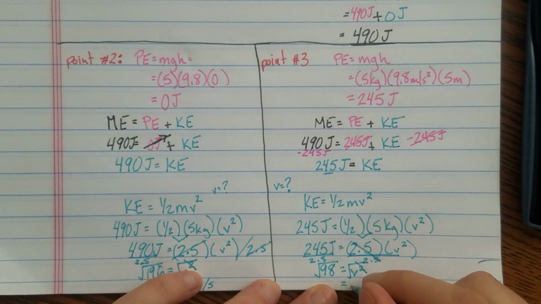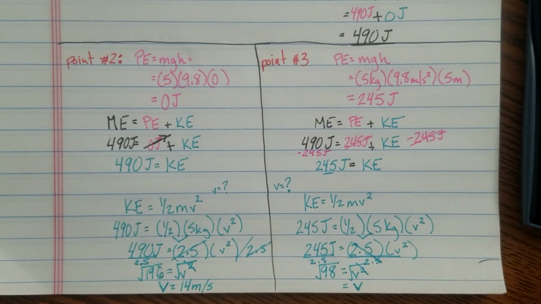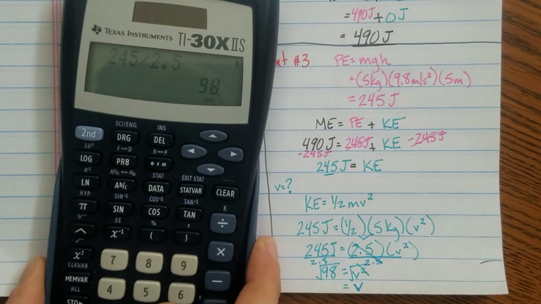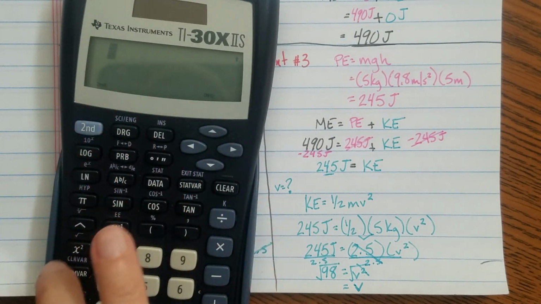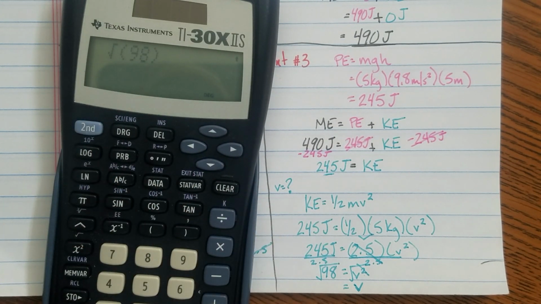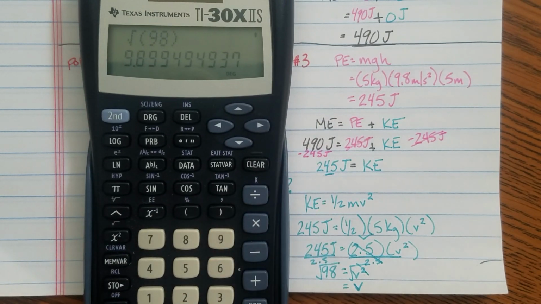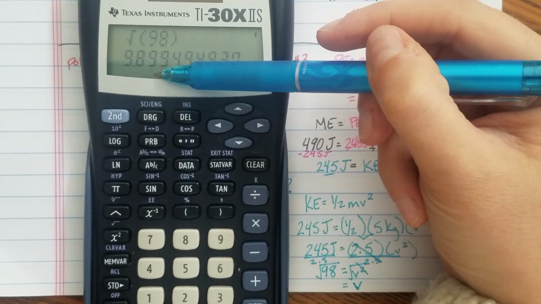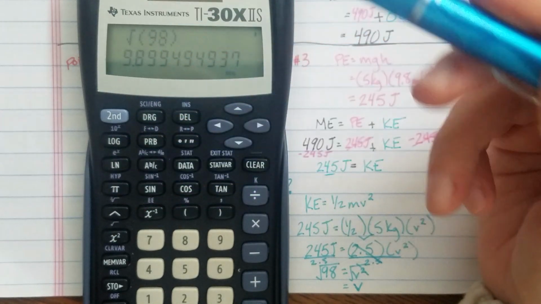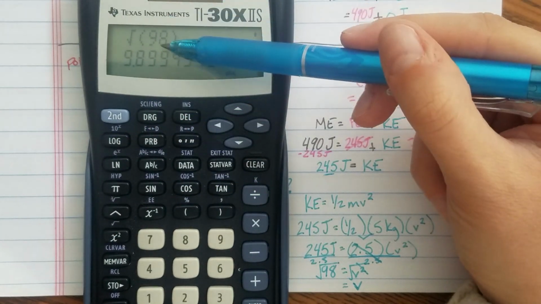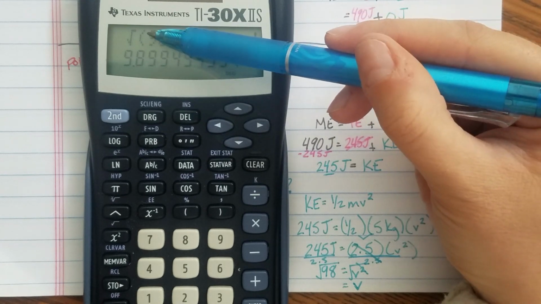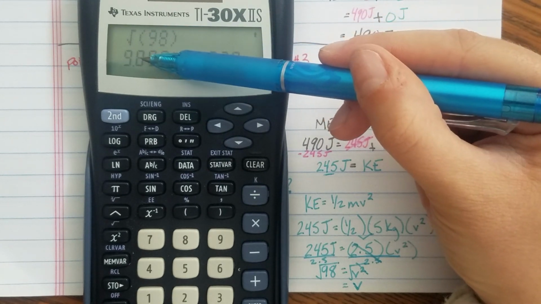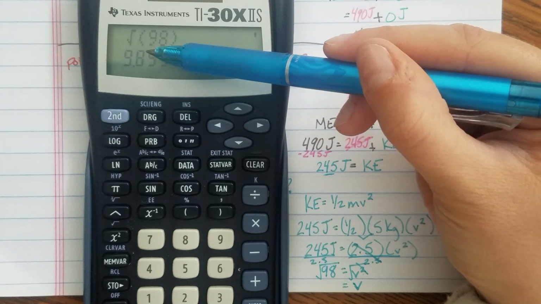So my squares canceled. So on this side I know I just have velocity. And then I'm going to take the square root of 98. And we get, oh, ruined it. Now I've got decimal. But it's physics. Expect a lot of decimals, especially when you guys are doing your own calculations. I'm just going to round to the 10th place.